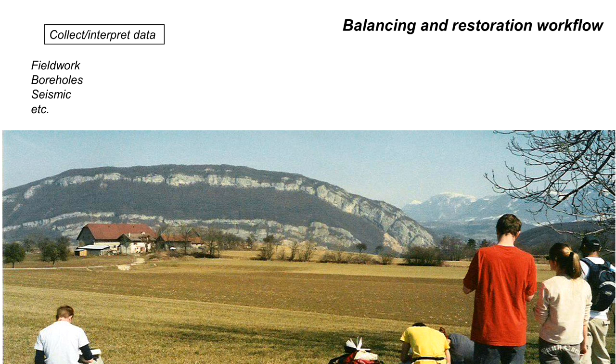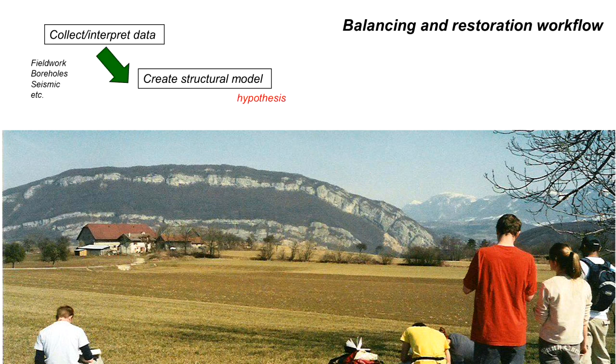So what we see here is a group of people collecting field data, the shape of the fold outcrop. And this might be supplemented by subsurface information that's spatially restricted, such as boreholes, and we may have an image of part of the subsurface from seismic imaging. We then use that information to inspire a structural model, some kind of idea of what this structure might look like.